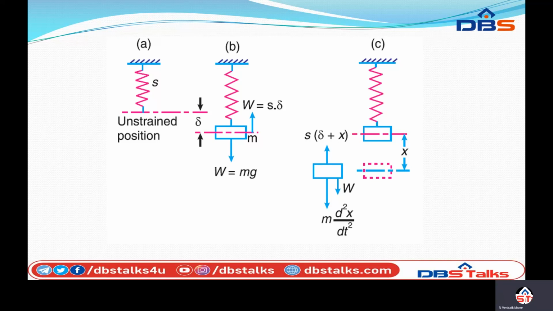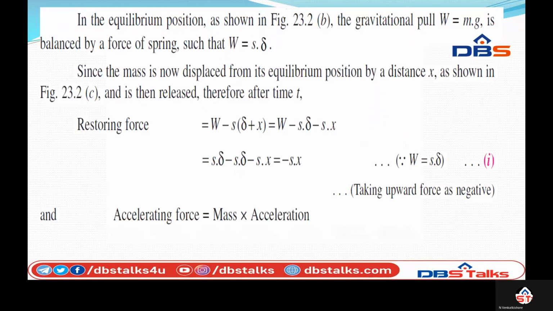Since the mass is now displaced from the equilibrium position by a distance x, as in the third diagram, C, and then released, after time t the restoring force equals W minus S into (delta plus x), which is W minus S delta minus Sx.